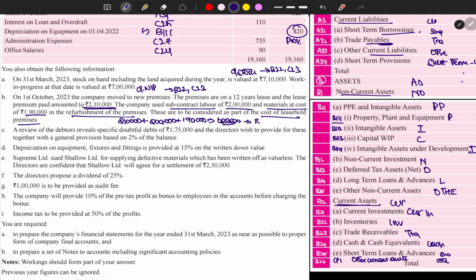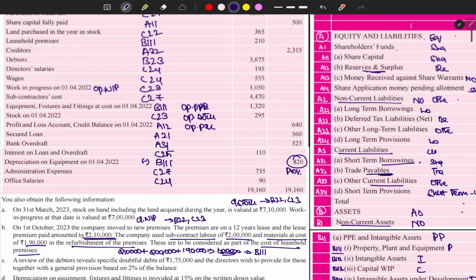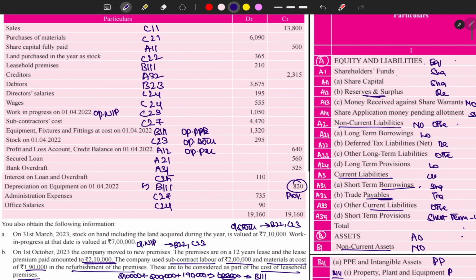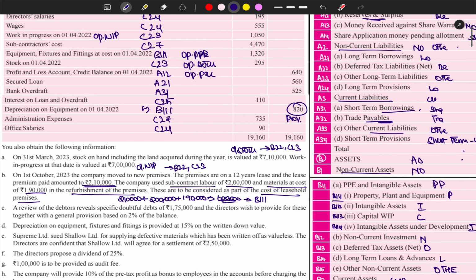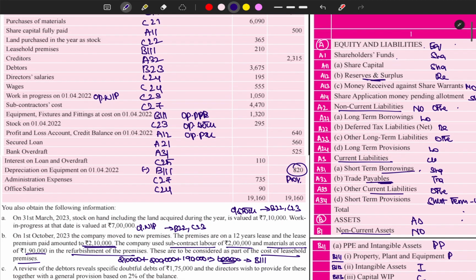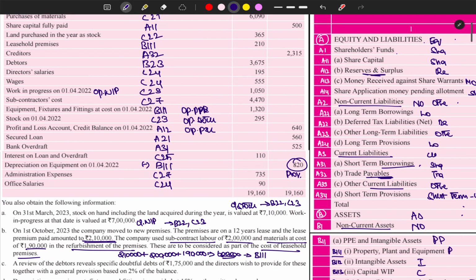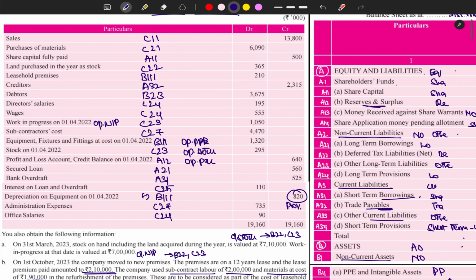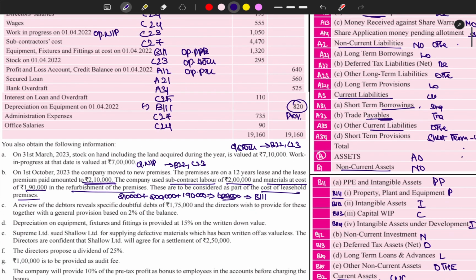This has to go to B111, and this subcontractor labor of 2 lakhs has to be reduced from the subcontractor cost, and materials at cost of rupees 1,90,000, right? This has to be removed from the cost of material purchased, which is C21.